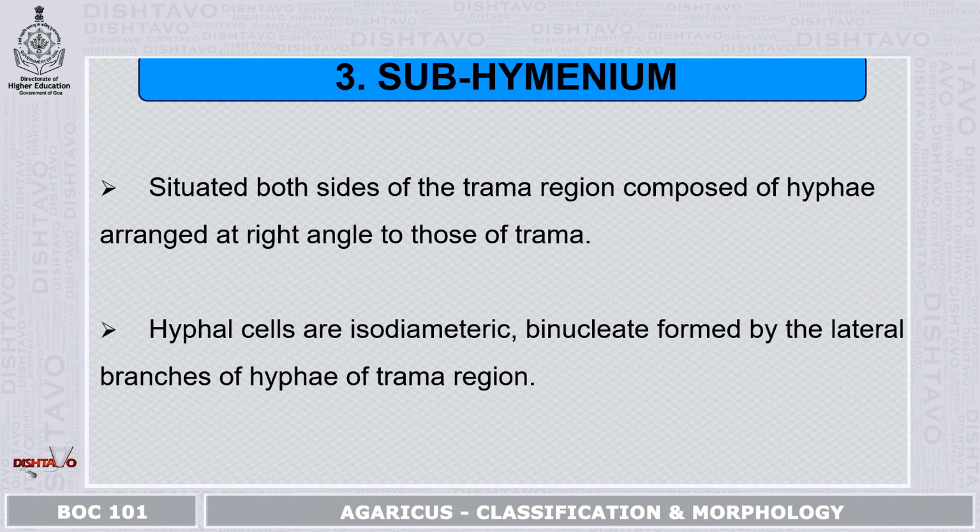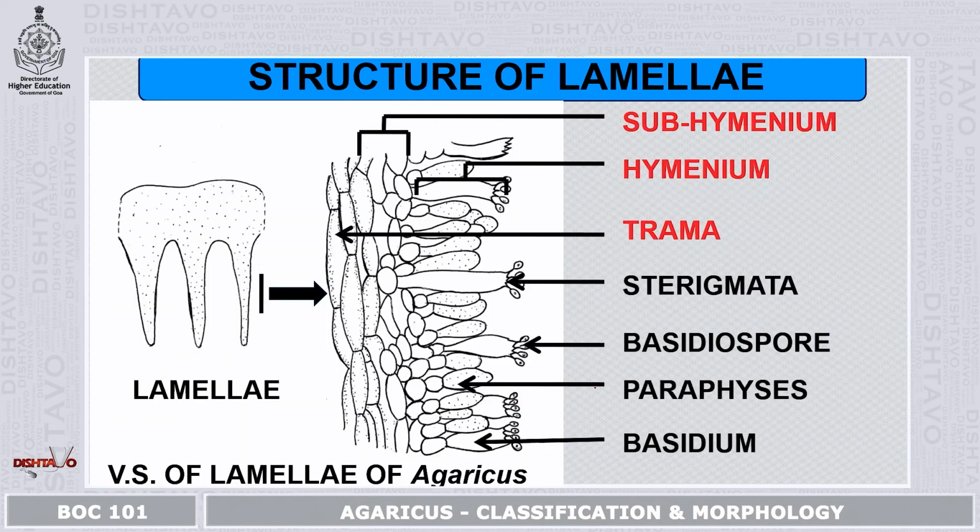The subhymenium, students, is situated on both sides of the trama and is composed of hyphae at right angles to those of the trama. The cells of the subhymenium are isodiametric, binucleate, and formed from the lateral branches of the hyphae coming out from the trama region.